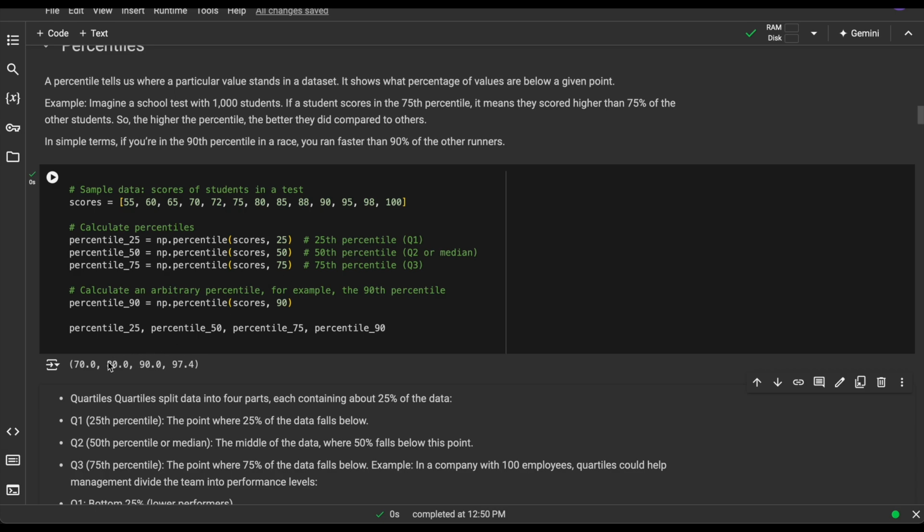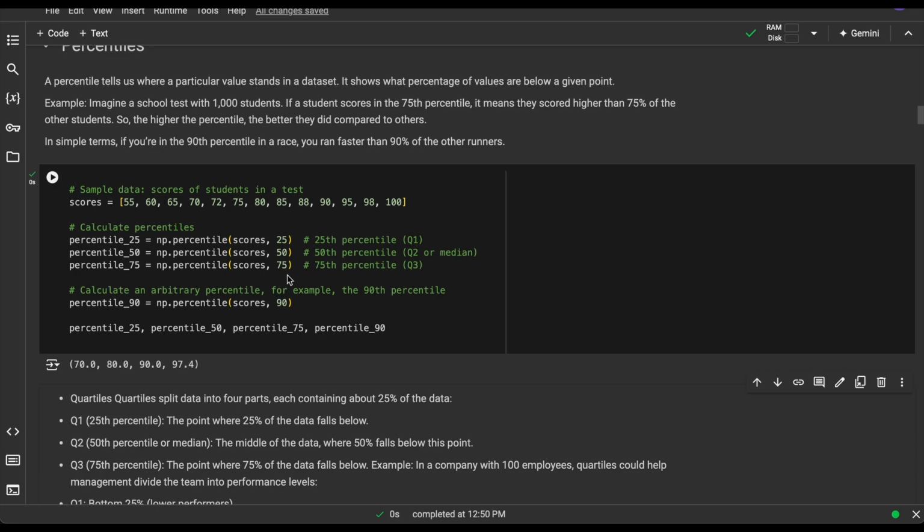I got the 25%. It's 70. Under the 75%, 70%, 25% of the people are under the 70%, and after the 50%, I got the 50%. 50% means 80% the people are below scored 80%.